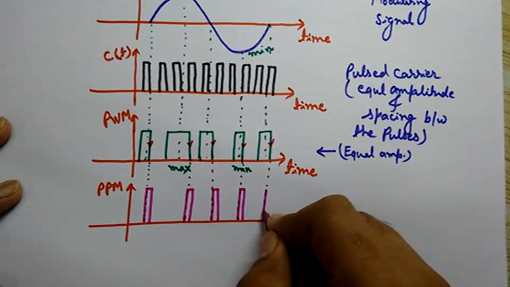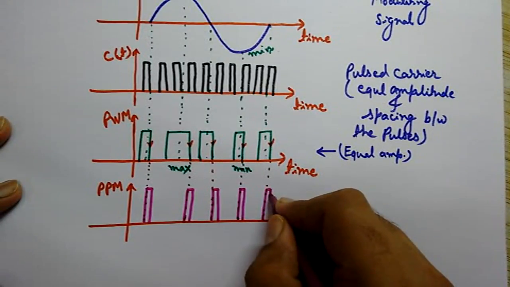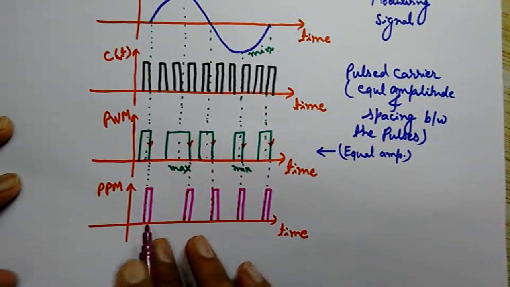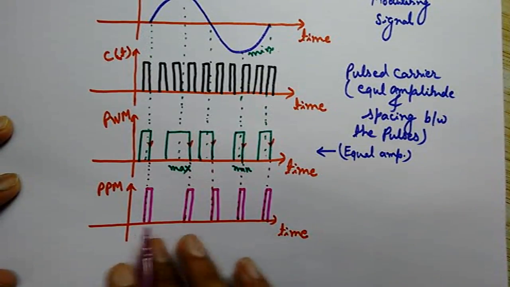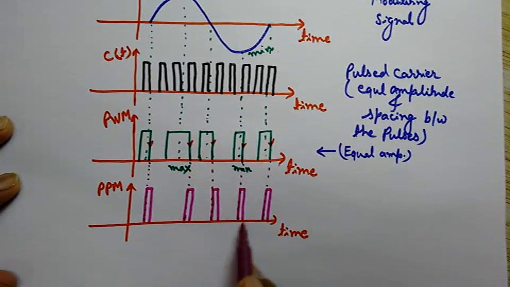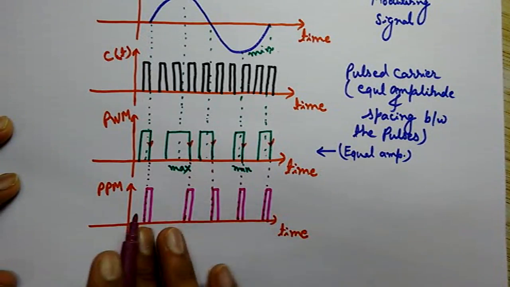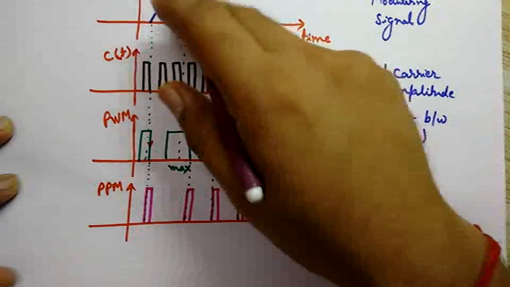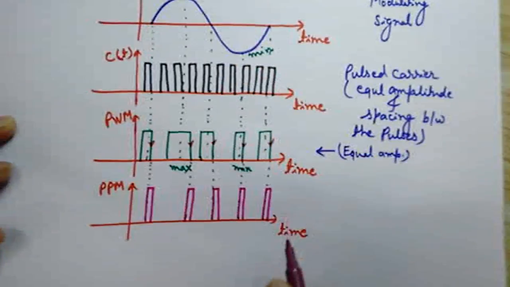The width is constant, but the thing that is varying here is the position or the distance between these pulses. As you can see here, it is maximum and here it has reduced, the spacing has reduced. Here it is more because here the maximum amplitude is there and here it is minimum.